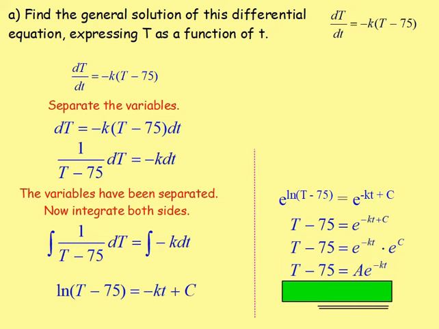Swap that with A. So T minus 75 would equal A times e to the power of negative kt. Therefore, T, if you get that on its own, will equal 75 plus A e to the power of negative kt, or A e to the power of negative kt, and then plus 75. That is our general solution.